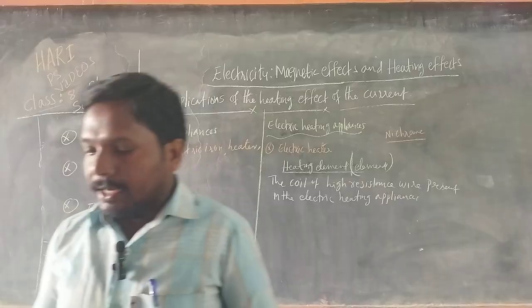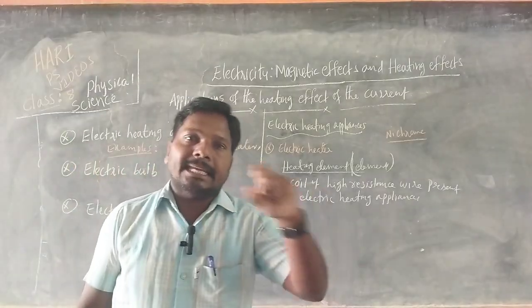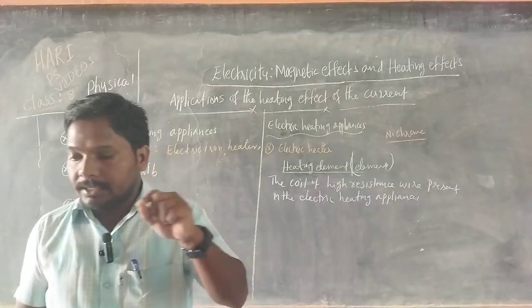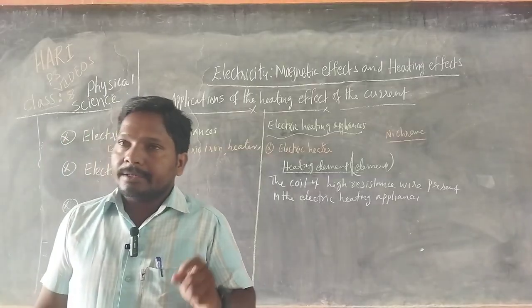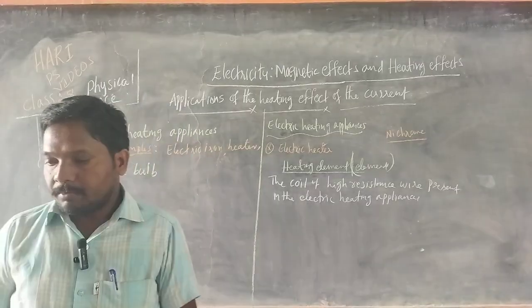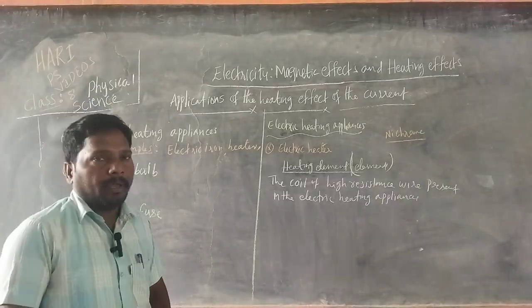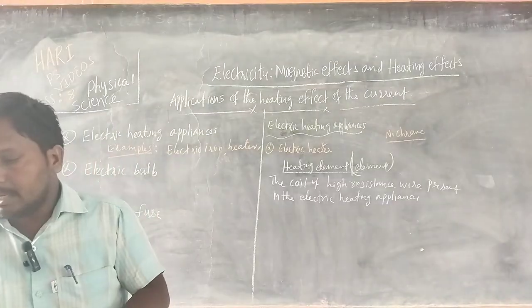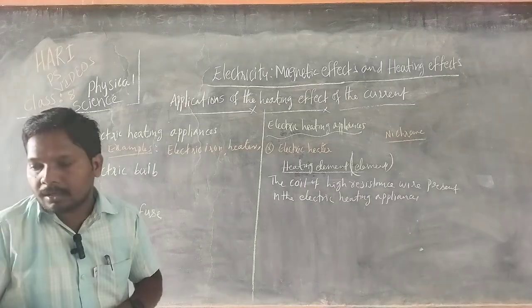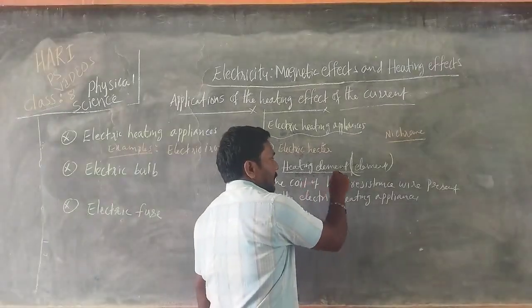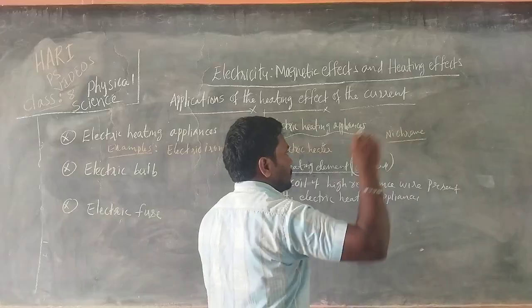Then electric current is passed through this heating element by connecting to a power socket through a copper wire, which is generally called cord or connecting cable.